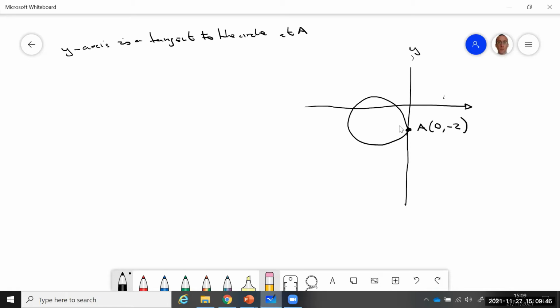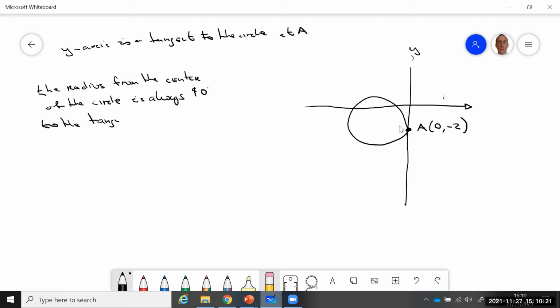All right. Now, there's a theory in the course that says the radius from the center of the circle is always 90 degrees to the tangent at the point of contact.